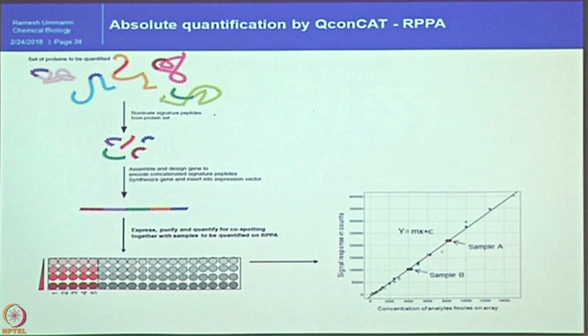Then you can make a graph like this, with concentration of analytes on the array and the signals on the y axis, and you can extrapolate the signals of samples, for example A and B, on this plot and calculate the concentration exactly. If you know the number of cells you have taken to prepare sample B, you can also say that this many copies are present for this many cells. This is a way you can quantify.